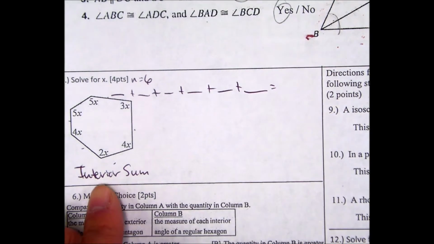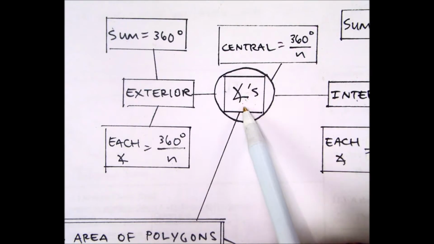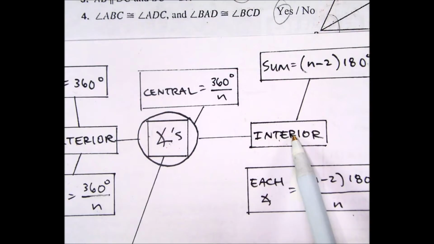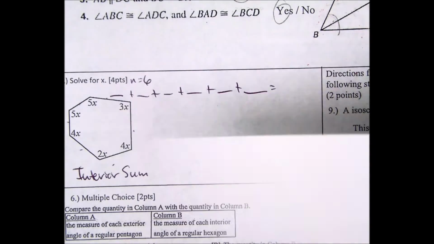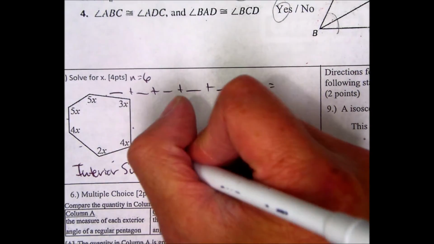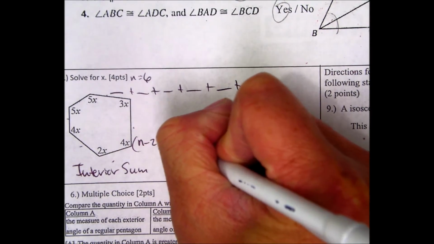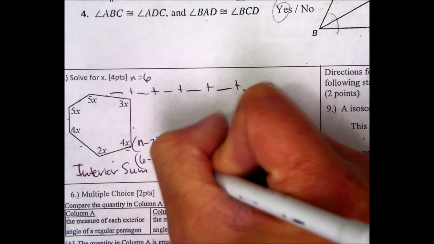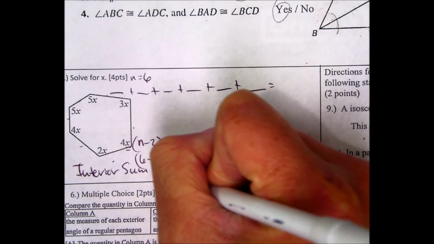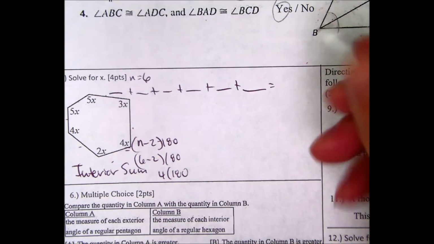So if I have the words interior and sum, just look here, I have angles, I have interior and sum, so I need to use this equation, n minus 2 times 180. This gives me an interior sum, so then 6 minus 2. I'm going to get 4 times 180, and that'll get me 720.